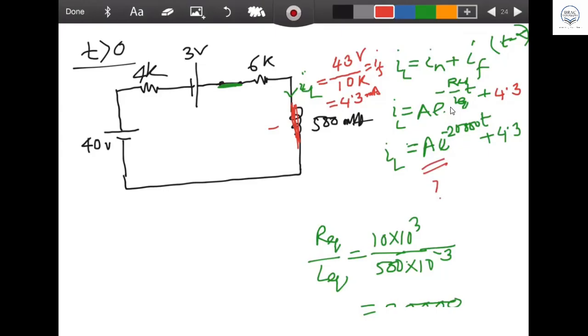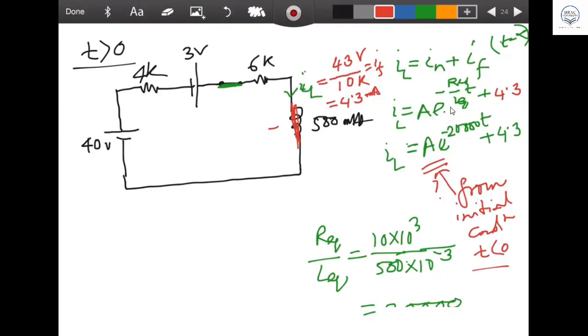Now, initial condition means for t less than 0, what was the current IL? From there it will come. That initial condition comes from the t less than 0 circuit, before the switching action.